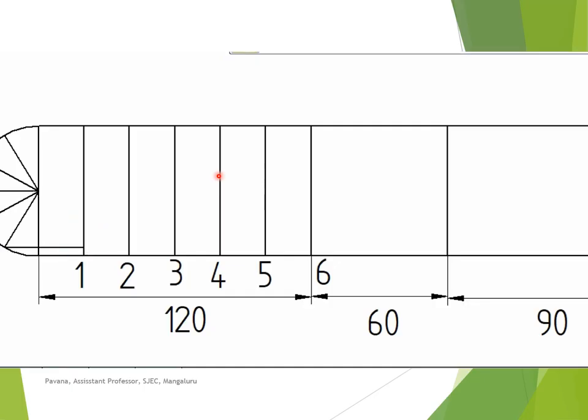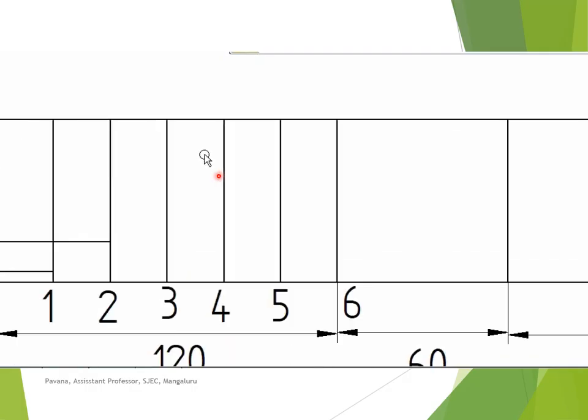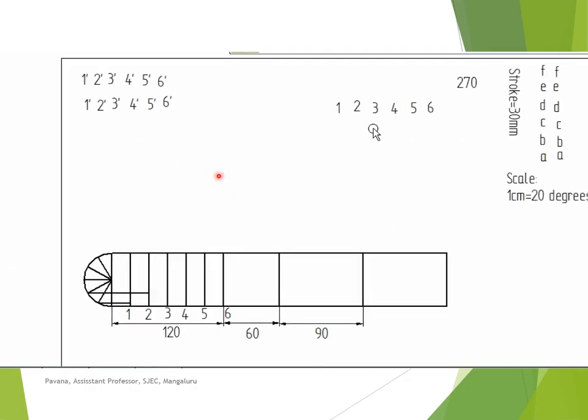Now draw the lines from the respective points. First I will name them A, B, C, D, that will make it clear. So first point, name it with alphabets: A, then B, C, D, E, and last one F. If you have more points, go on naming with alphabets.